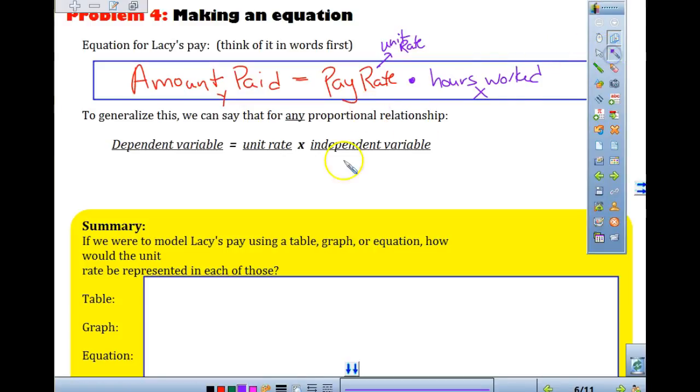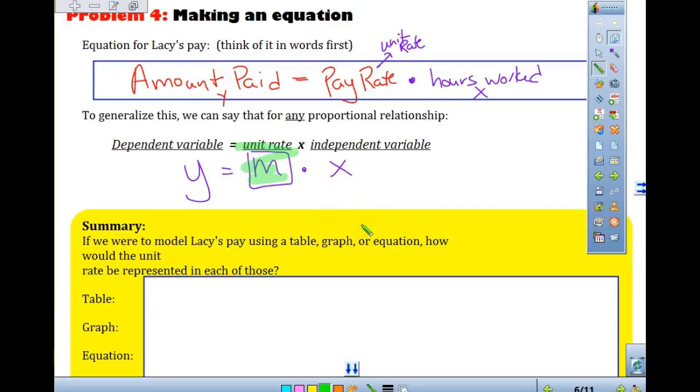When you write most of your equations for these first few units and yesterday's homework also, Y equals, we're going to call it unit rate M. The reason we're going to call it M is that later in our unit we call it our rate of change. We call it the slope times X. And this number will always, always be our unit rate.